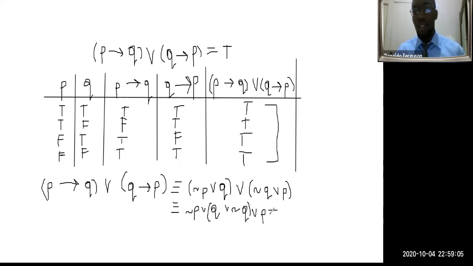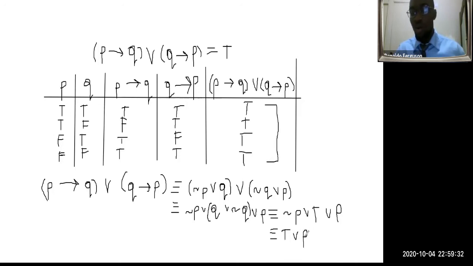That is always true. So this works out to be not P or true, or P. Now look at this. Not P or true: anything or true is true. So this works out to be true or P.